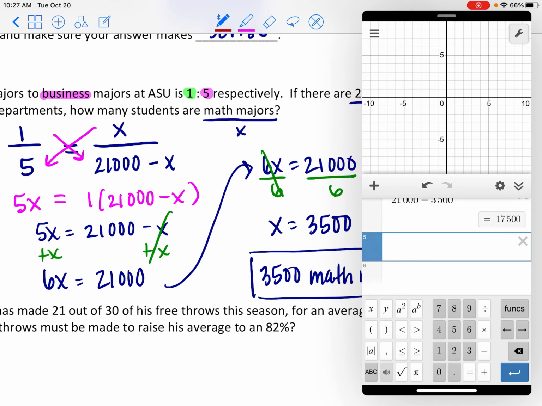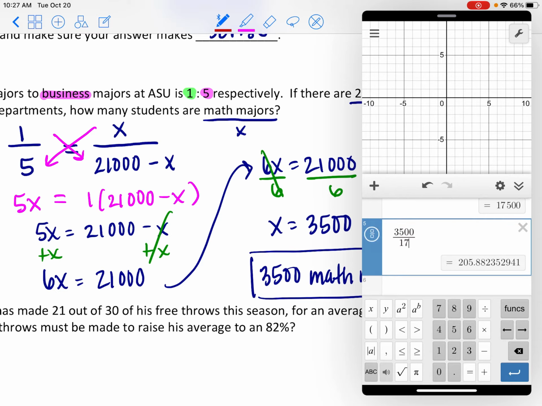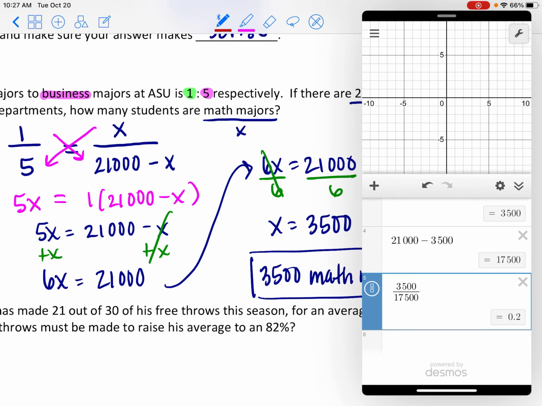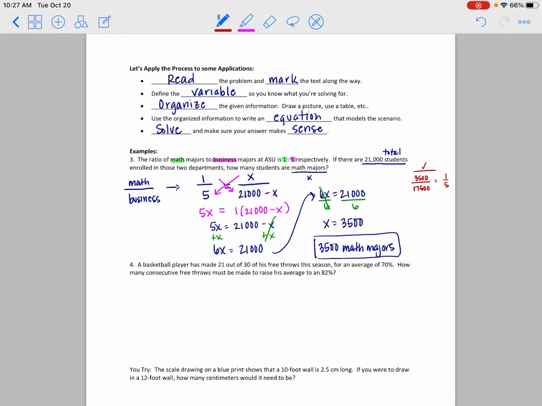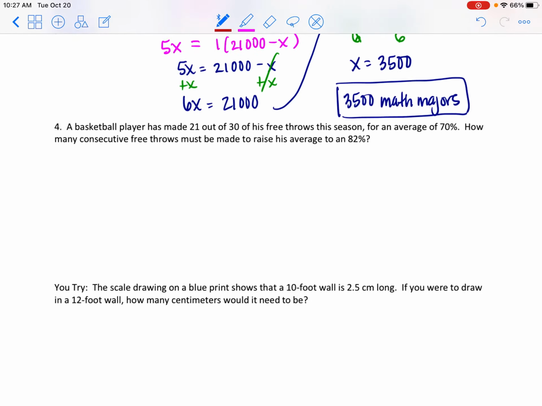And if I did 3,500 over 17,500, do we get a fraction that reduces to 1/5? We do. So we can just do a quick check of our work to make sure that it's reasonable. And that wasn't so terrible.